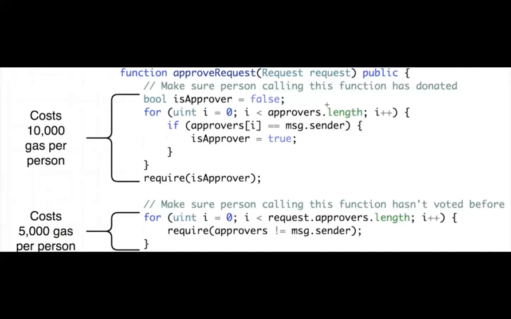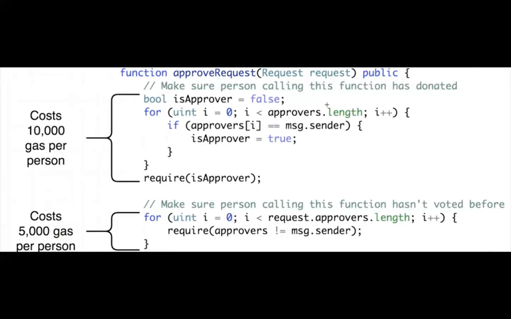Then let's add to that the check to see if the contributor has voted before, which costs another 5,000 gas per contributor. All that will equal about 150 million gas.